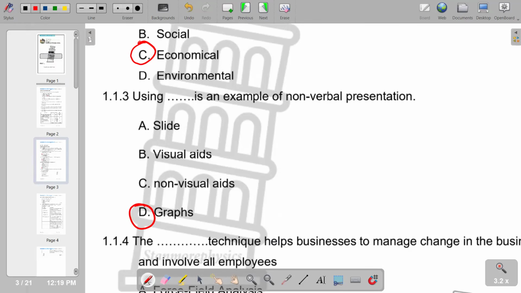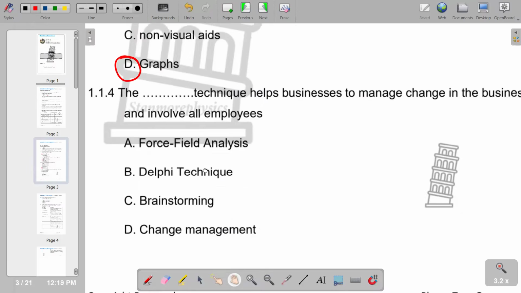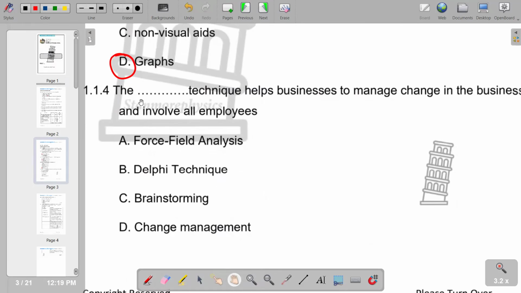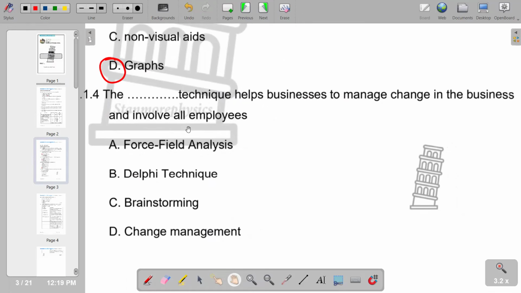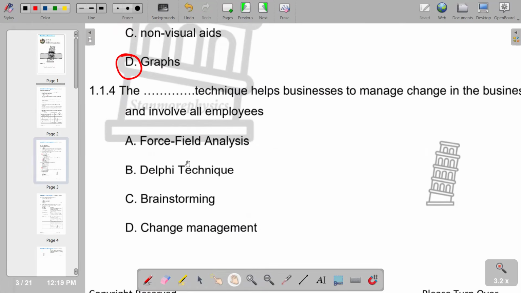Then moving on to number four. Number four: the dash technique helps businesses to manage change in the business and involve all employees. We've got force field analysis, Delphi technique, brainstorming, change management.